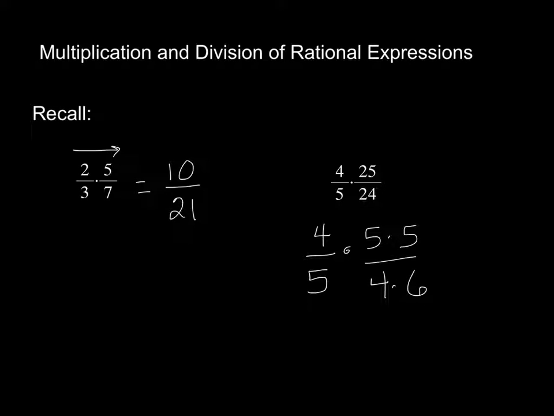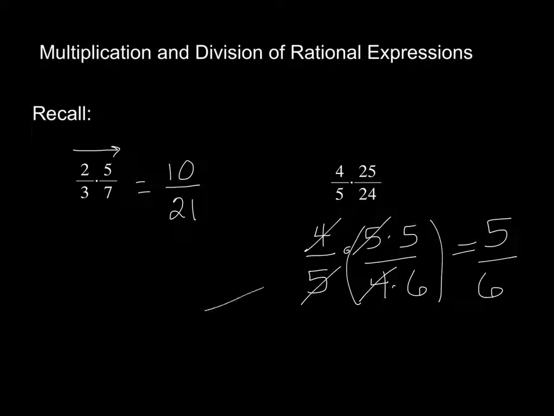So basically I've factored the second fraction. And then I notice that I can cancel or reduce the fraction by a factor of 5. 5 divided by 5 is actually just 1, and 4 divided by 4 is 1, and my result is 5/6.